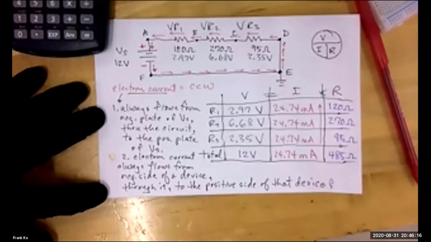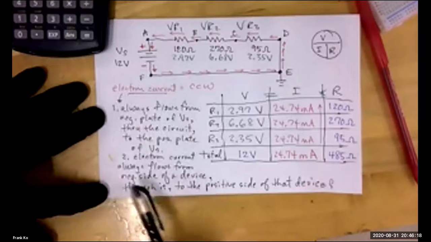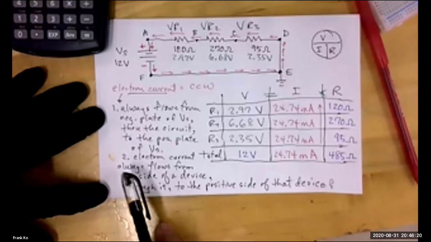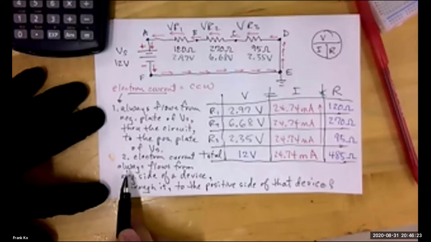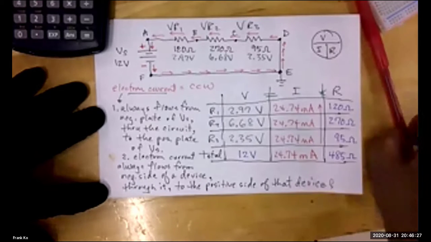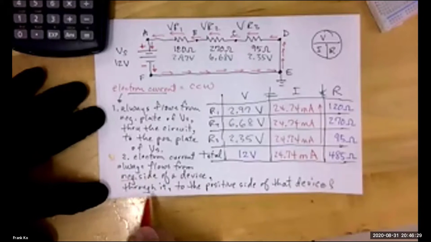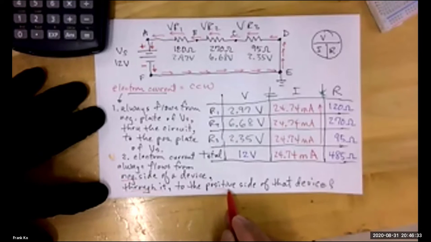So these two components of electron current. Electron current, definition number 2, always flows from what side of the device? From the negative side of the device, then what? Through it to where? To the positive side of that device.